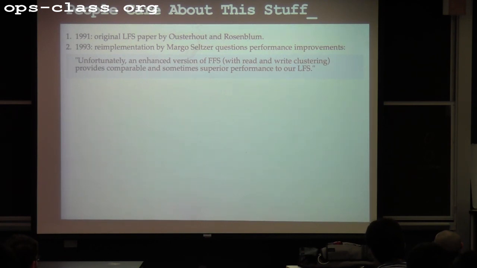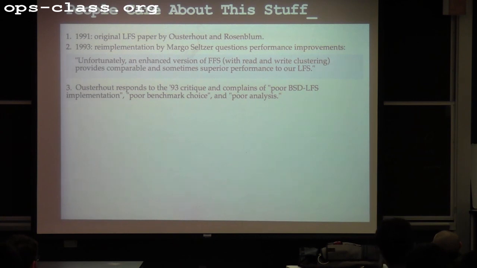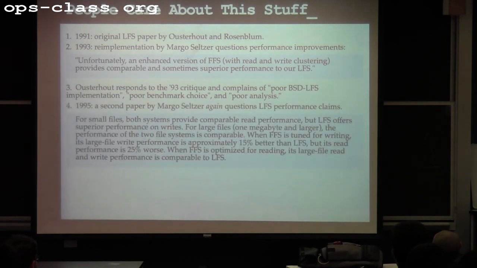She says, okay, we implemented some new features in FFS, and it's better than LFS now. So traditional file systems win. Obviously, Ousterhout's not super happy about this. I like this, it's kind of a flame. They implemented it badly, they chose a bad benchmark, and they did bad analysis. That's the ultimate trifecta.